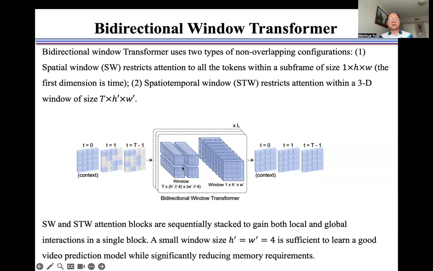This SW block and this STW block. SW and STW attention blocks are sequentially stacked to gain both local and global interactions in a single block. A small window size here is sufficient to learn a good video prediction model while significantly reducing memory requirements.